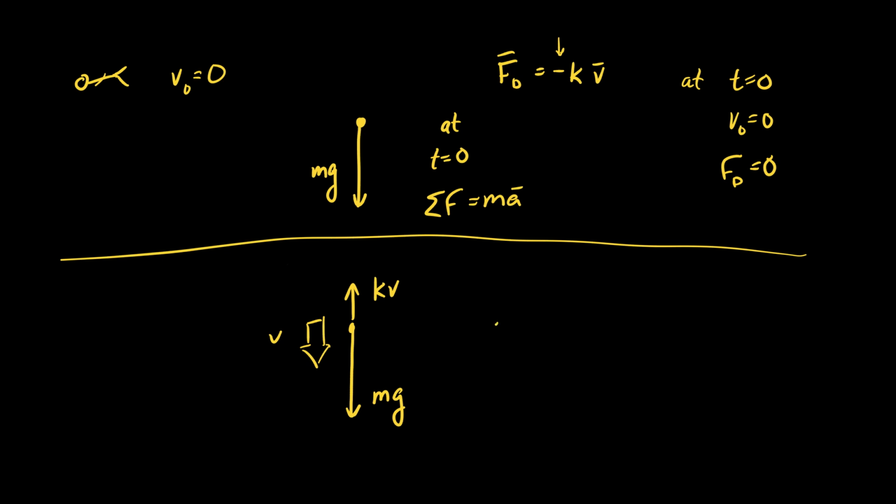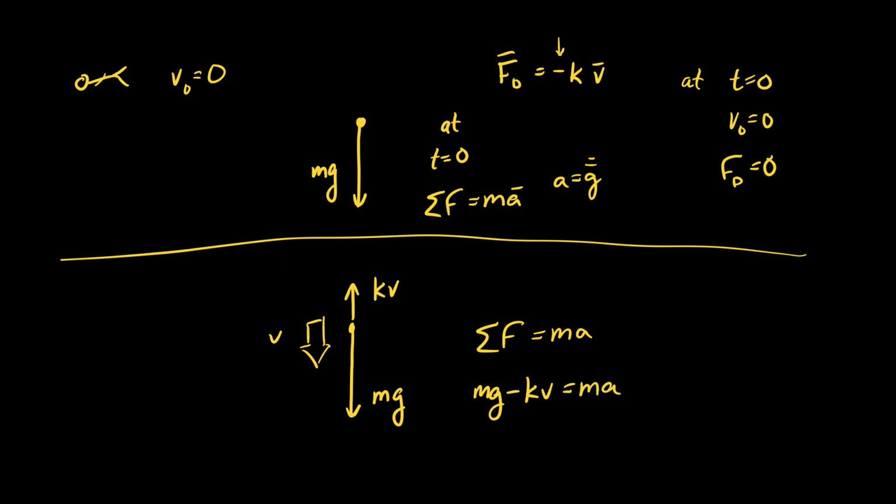Now this means that their net force, which is still going to be equal to ma, is now going to have an acceleration that is different. Here, at time equals 0, their acceleration is equal to g because it's the only force they have. Over here, I'll have mg downwards minus kv upwards equal to ma.